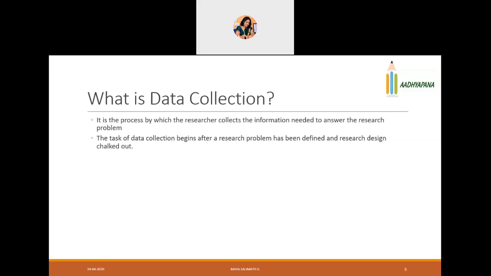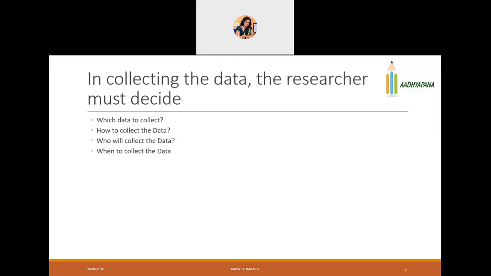The data will help you to say what your research objectives were, what the research problem identified was, and whether the solution of that problem can be obtained or not. And the task of data collection usually begins after the research problem has been identified and the research design has been chalked out.